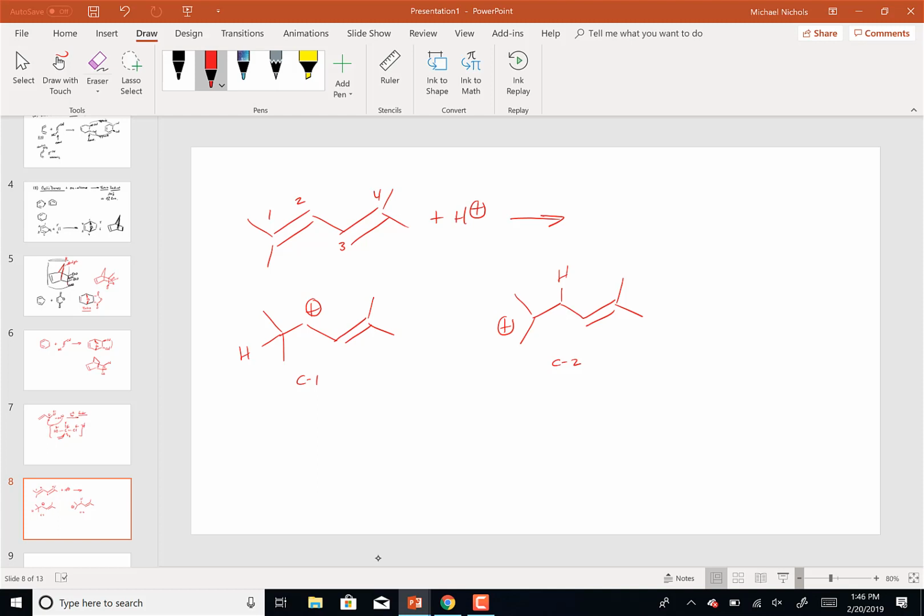What did I also say on Monday in terms of the addition of the H plus? Always add the H plus to the end, to carbon 1 and carbon 4.